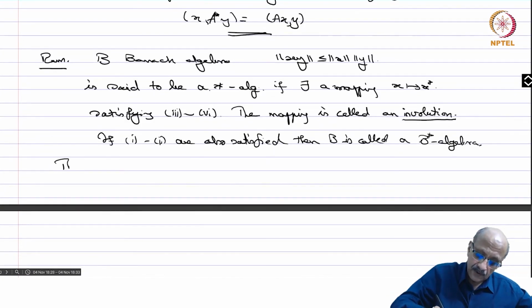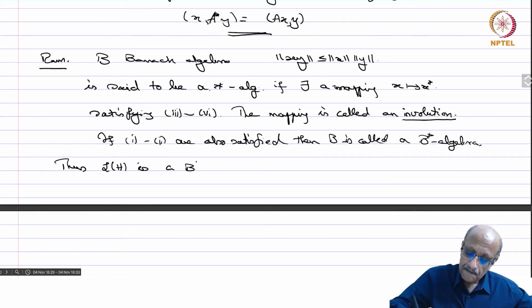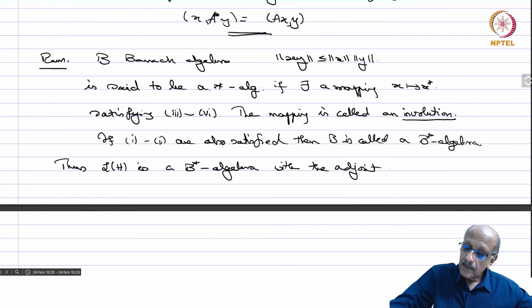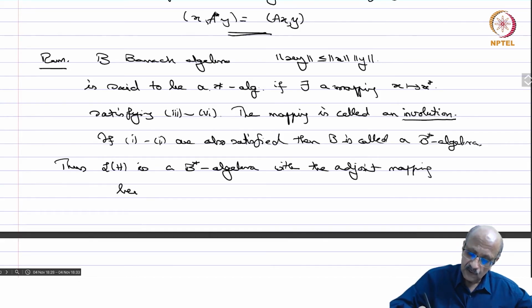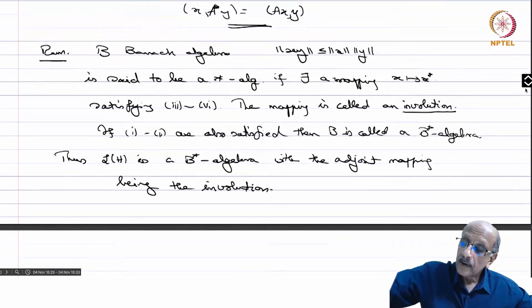So thus L of H is a B star algebra with the adjoint mapping being the involution.